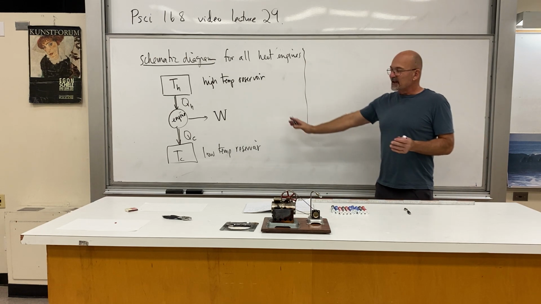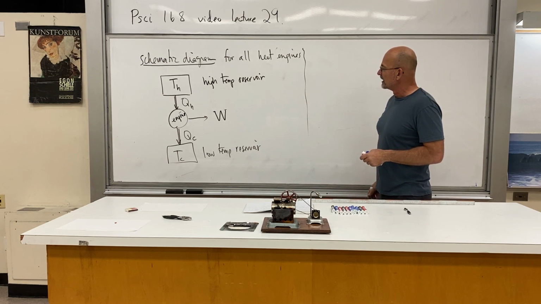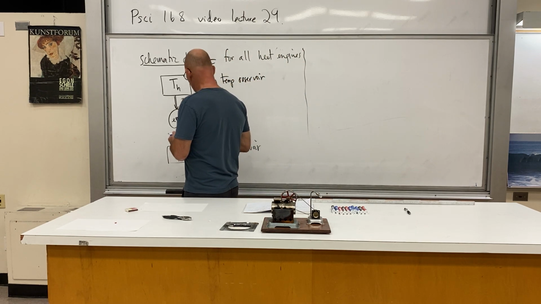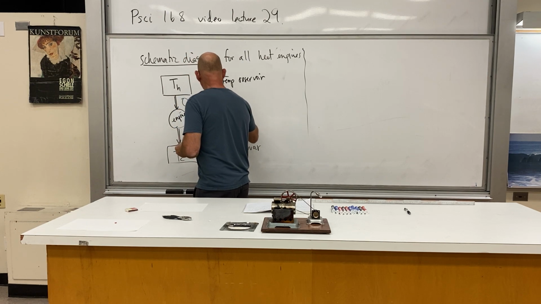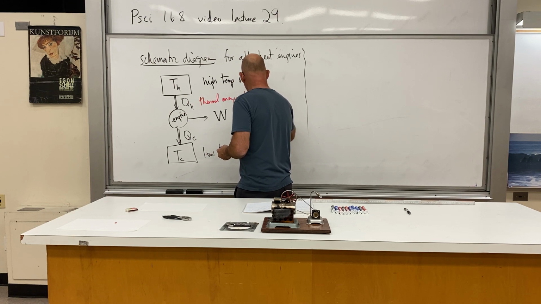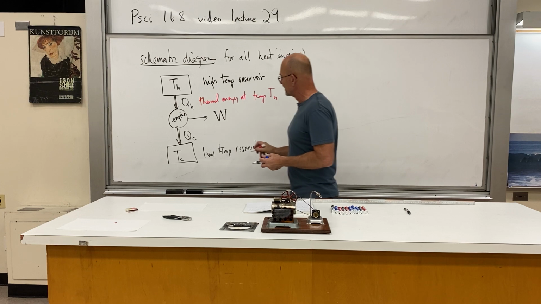So this is already pretty idealized, right? A couple boxes and a circle and a few arrows. In fact, let me label this a little more. So this QH, this is the thermal energy at temperature TH, right?